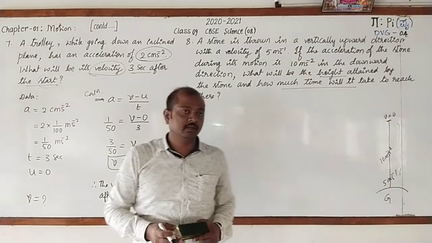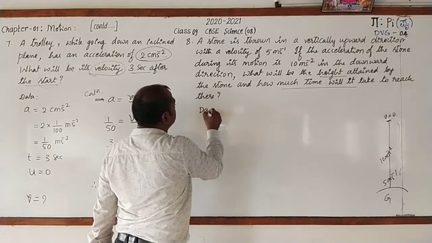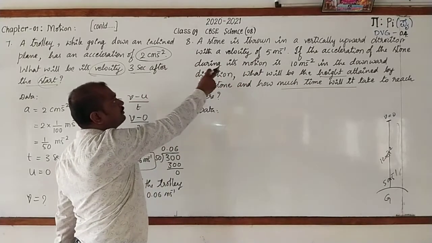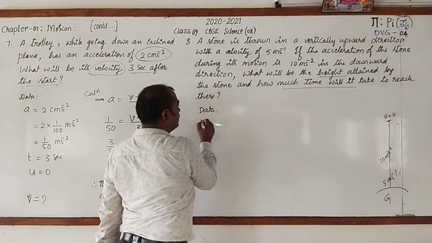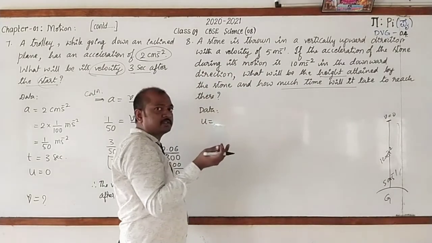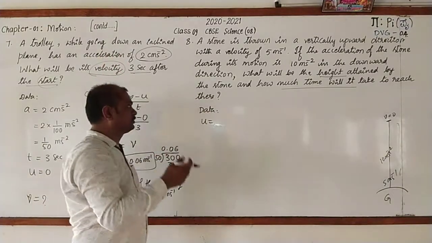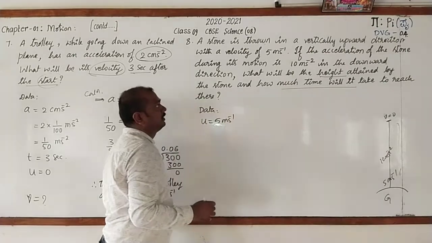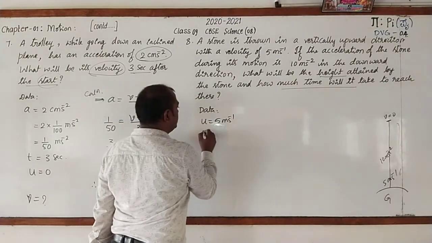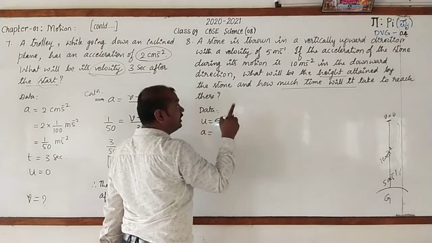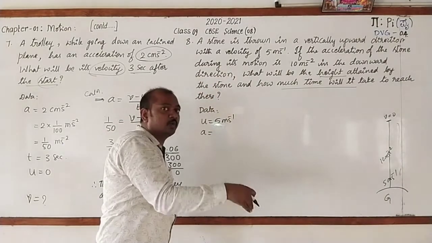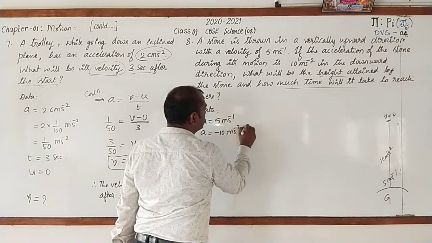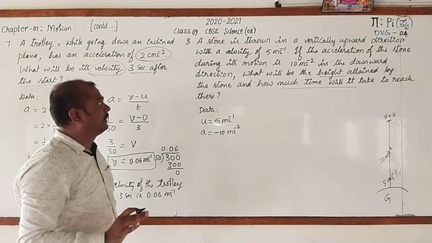Let's go for writing data. Here, a stone is thrown in a vertically upward direction with a velocity of 5 meters per second. That is the initial velocity with which the stone is thrown vertically upward, 5 meters per second. Acceleration of the stone is 10 meters per second square downward. If it is upward, we have to write minus 10 meters per second square. Clear?